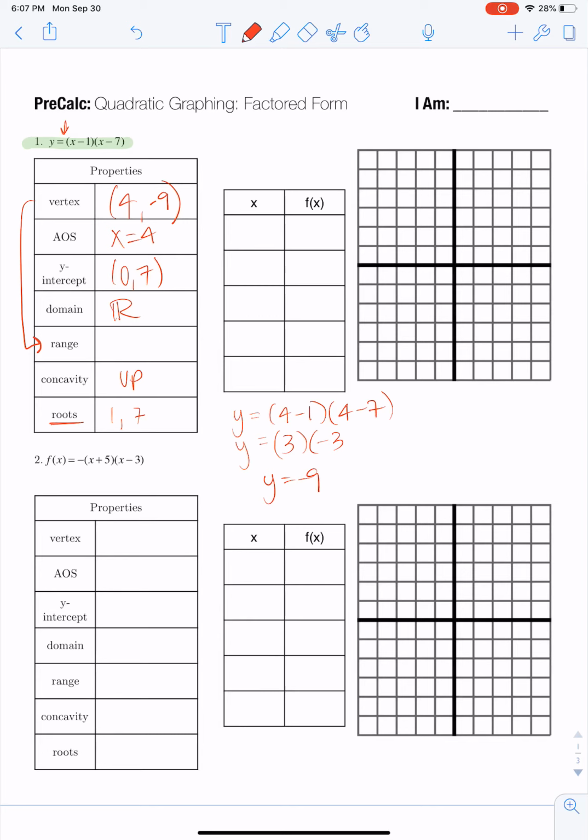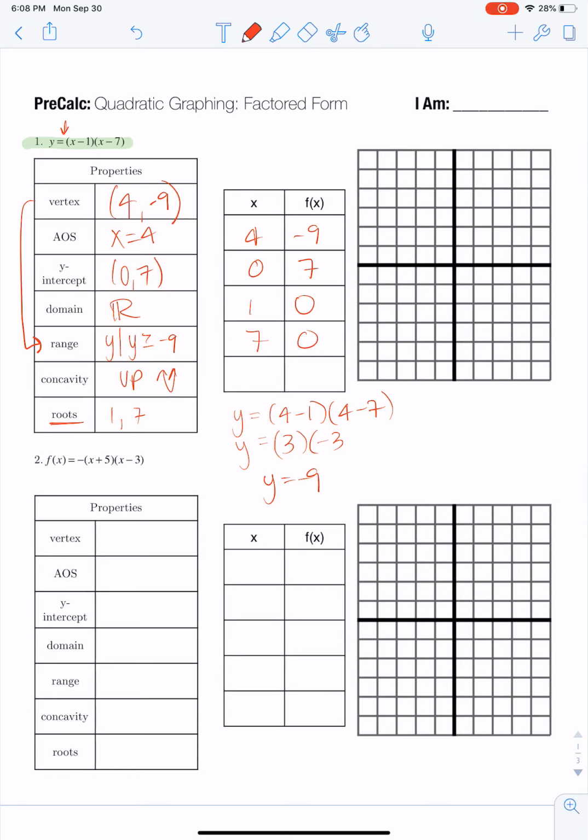And since this is concave up here, I know that my range here will be y values such that y is greater than or equal to negative 9. So there's my range. So now I have 4, negative 9, 0, 7, 1, 0, and 7, 0.